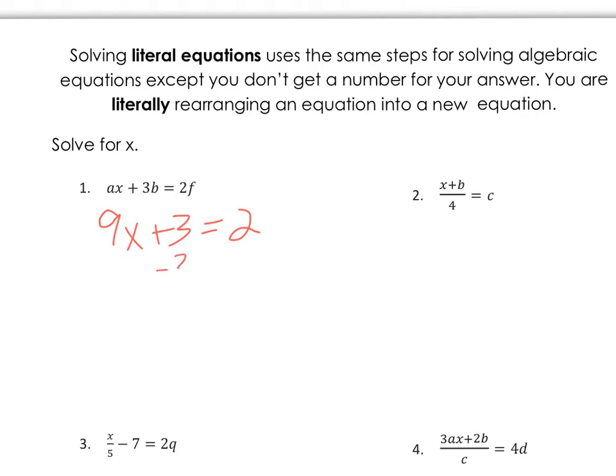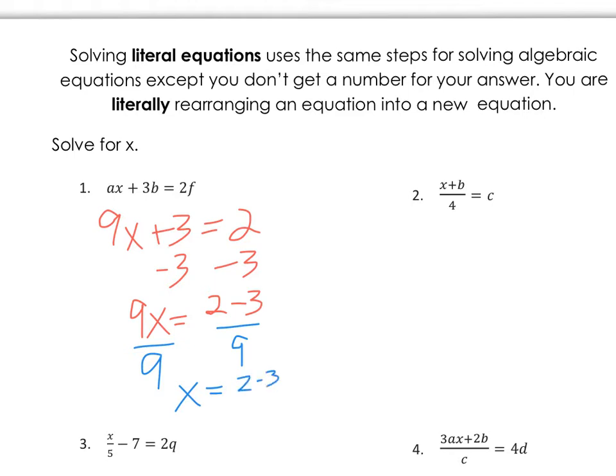I would minus 3, so 9x, and once again, you're not writing this down, I'm just showing you. I'm going to pretend I can't combine the 2 minus 3. And then my next step would be to divide by 9. So I would get x equals 2 minus 3 over 9. But usually I would have simplified the 2 minus 3 to negative 1. That's exactly what we're going to do here.